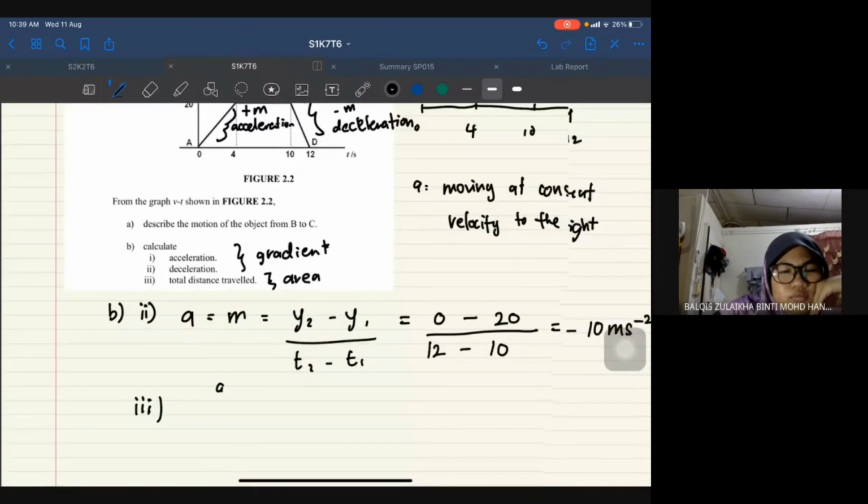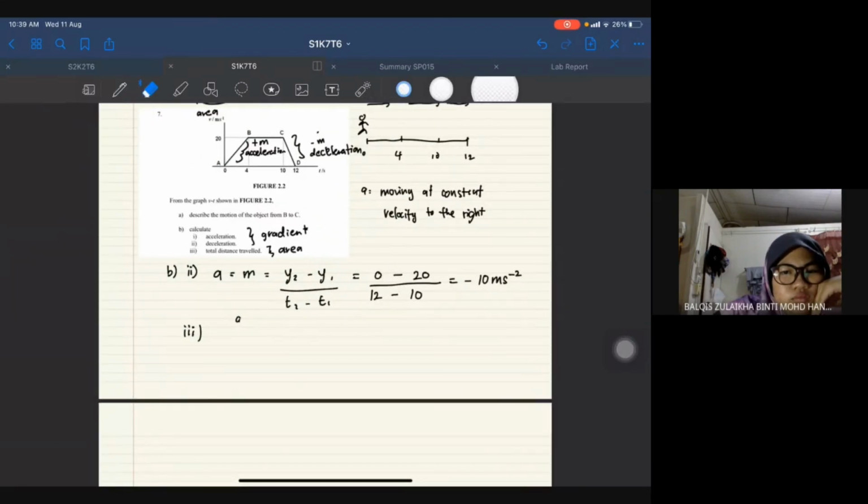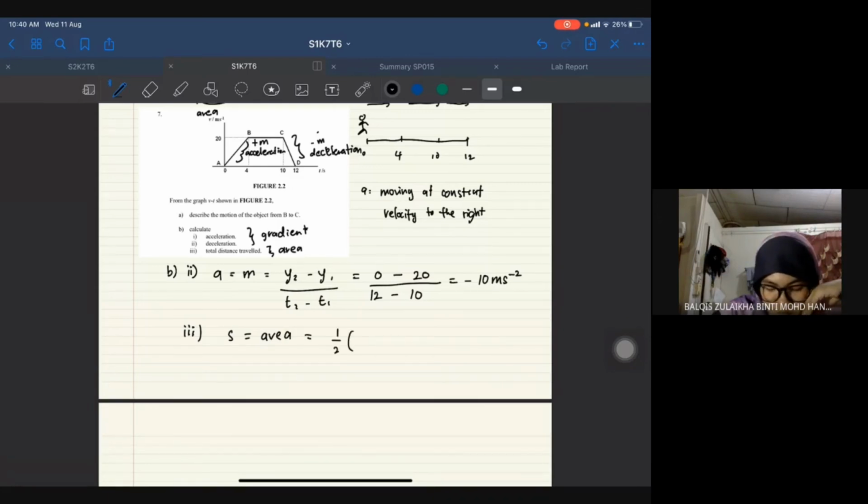So area. S is equal to area, which is equal to half multiplied by the height multiplied by A plus B. Okay, you can split it into triangles, no problem, you can do that as well. So it will be half, the height will be 20, A plus B would be this one.